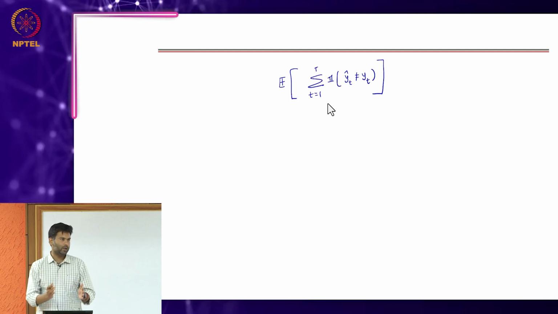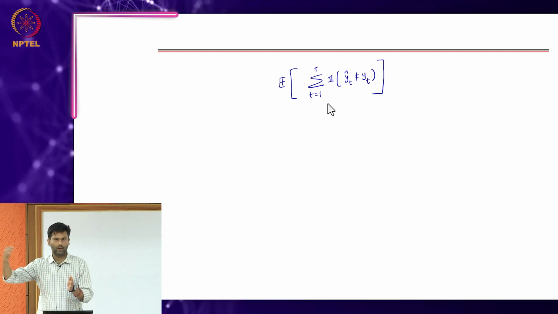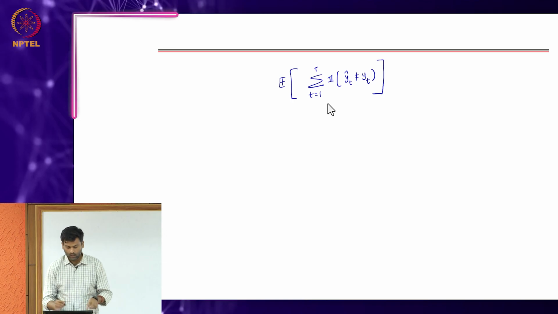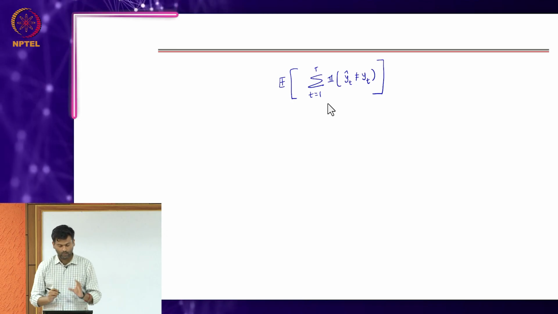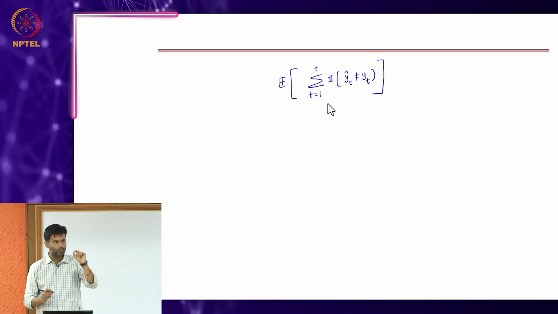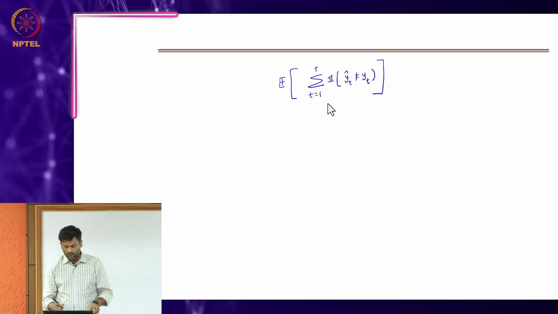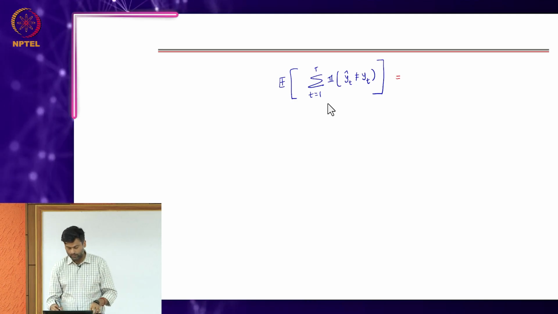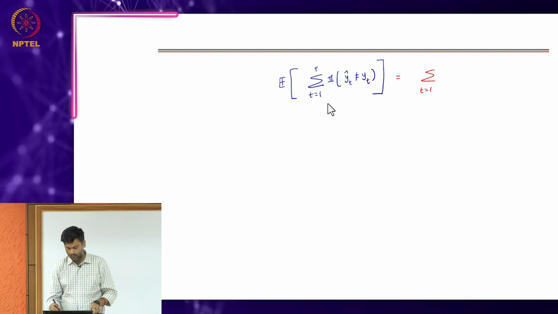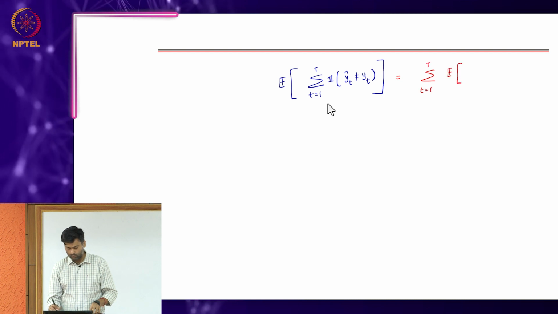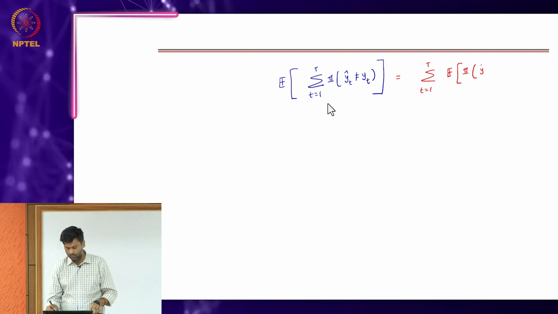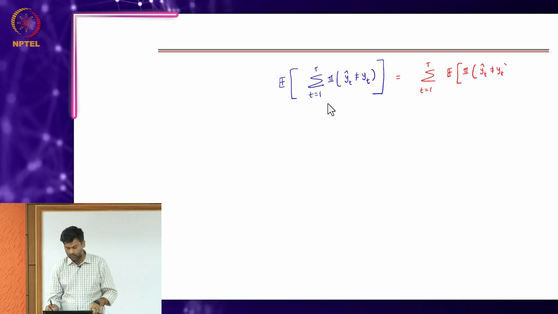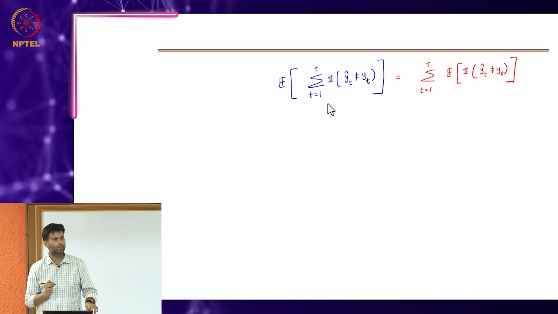This is what we are measuring, and then we will measure it against the best expert and so on, but this is what we compute from the algorithm's answers. Now this is the same as the sum of the expected value of the indicator of y hat t not equals yt. Why is this true?